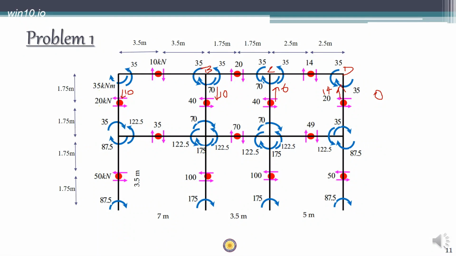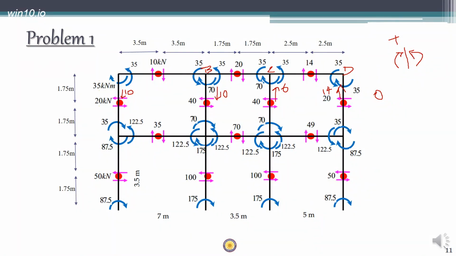Okay, now we got all the moments at joints which were marked in beams and columns. These are nothing but beam moments and column moments directly marked on the figure. And you can use the bending moment convention, which is clockwise moment on the left is positive and anti-clockwise moment on the right is positive.